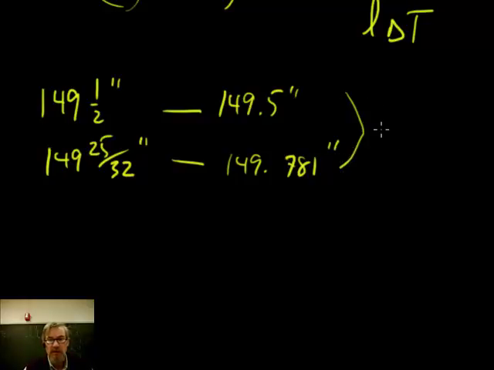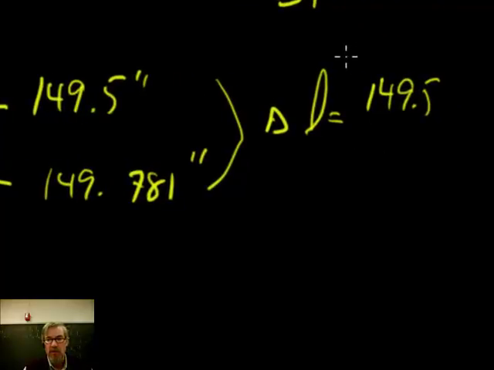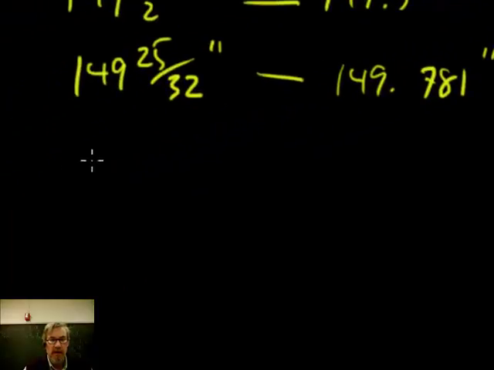So when you put these two together, we get our change in length being equal to 149.781 inches minus 149.5 inches, and that comes out to 0.281 inches. That's the total change in length. Now, what was our change in temperature?